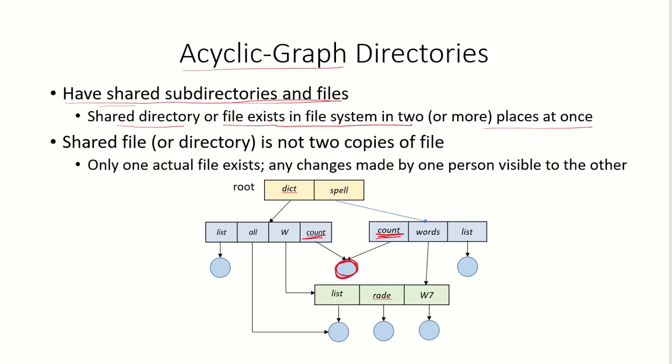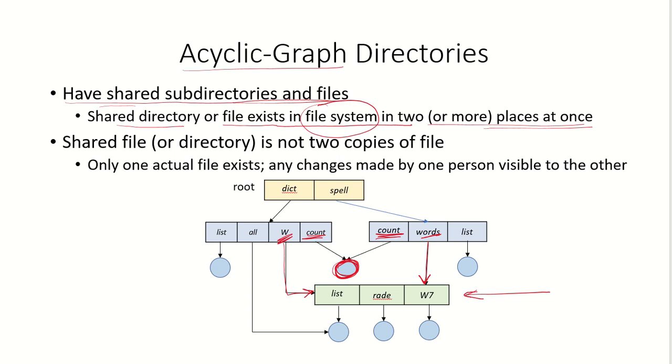Both of them are pointing to the same file. Similarly, for this particular subdirectory, its entry is over here also. So W is pointing to this subdirectory and words is also pointing to this same subdirectory. So here the shared directory or the file will exist in the file system in two or more places at once.